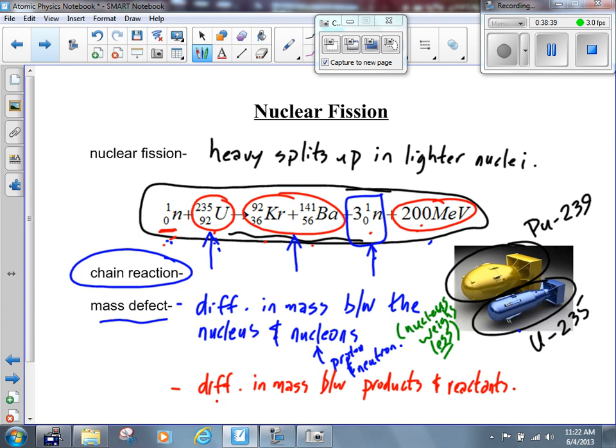That mass defect, the difference in mass between the products and the reactants, is what causes this energy to be released. That mass defect is converted to energy by the equation E equals mc squared and releases 200 megaelectron volts of energy.